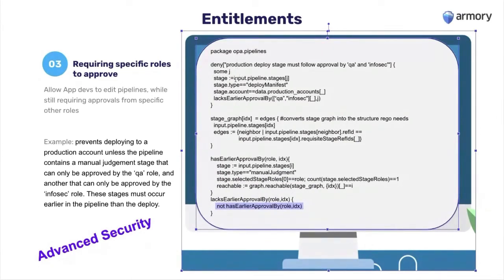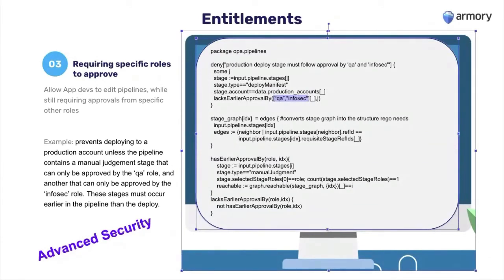So for our rule, we will go through every stage, and for every deploy manifest stage that is deploying to a production account, we will fail if it lacks an earlier approval by either the QA role or the InfoSec role. So if either of those roles haven't approved it, we fail. If they've both approved it, then we don't give back the error message and the user is allowed to deploy.